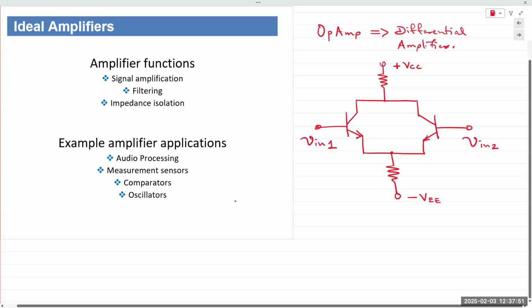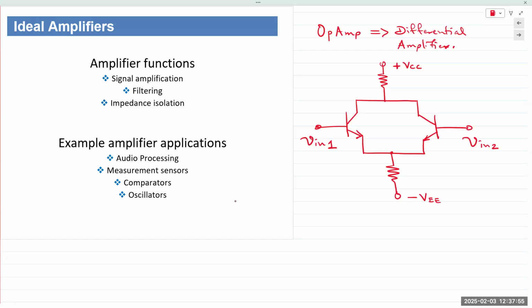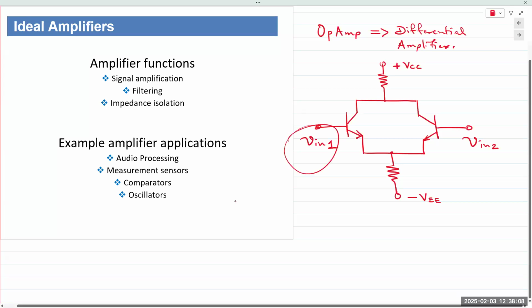An operational amplifier, or op-amp for short, is nothing but a differential amplifier created using BJTs, which we studied in chapter 2. And this results in having two inputs, V in 1 and V in 2.